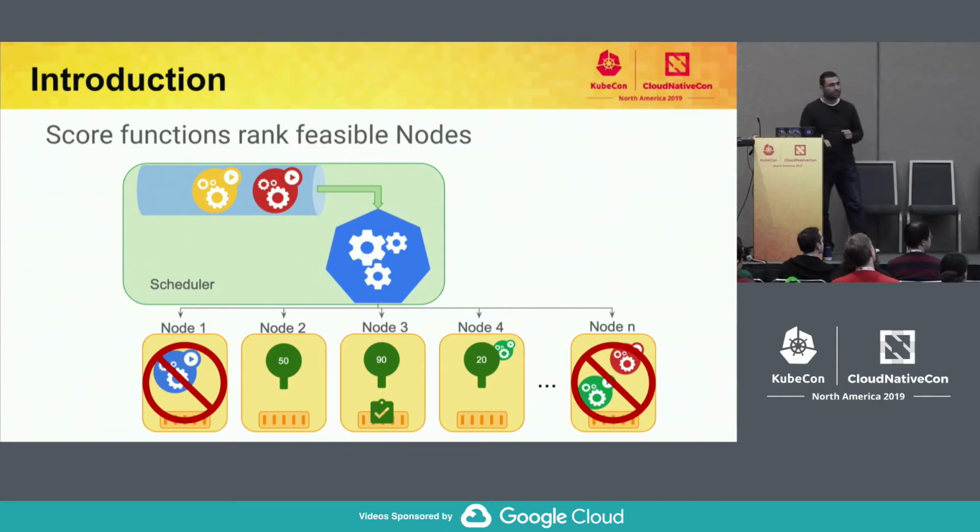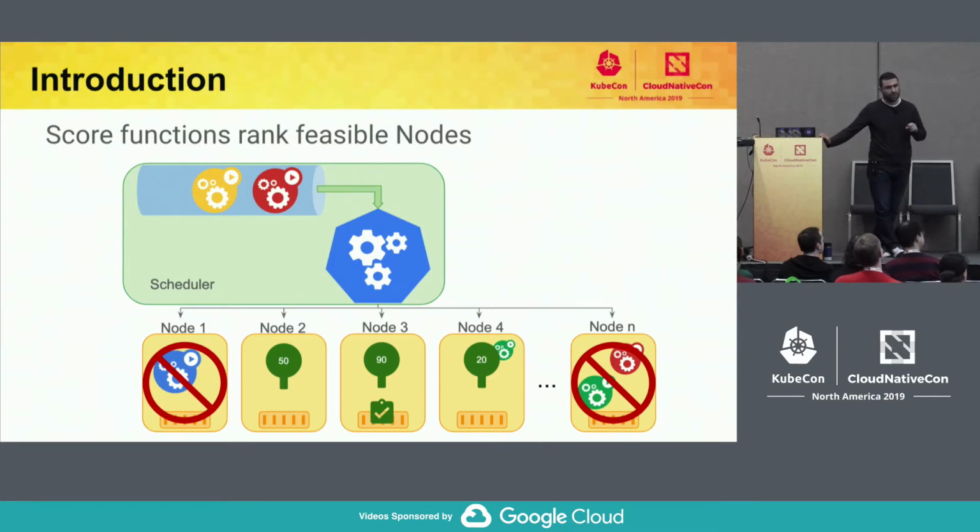If for some reason the pod ended up after the scheduling cycle with zero feasible nodes, we place the pod back in what we call a back-off queue. For each pod, the back-off queue has a back-off timer, and after it expires we add the pod back to the active queue so that we can try to schedule it again.